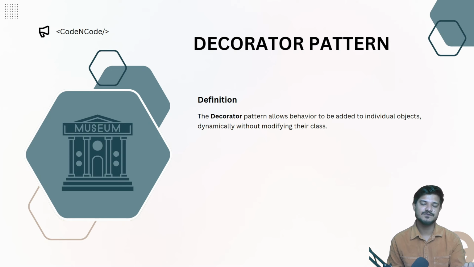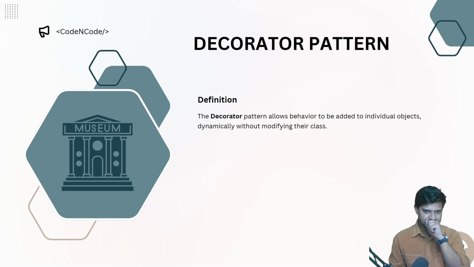So instead of defining a class and implementing all of the features directly, that would give all of the objects of that class the same behavior. We don't want that. There are scenarios where we want to add certain behavior at runtime only to certain objects, not to all of the objects. In that scenario, you'll use the decorator pattern.